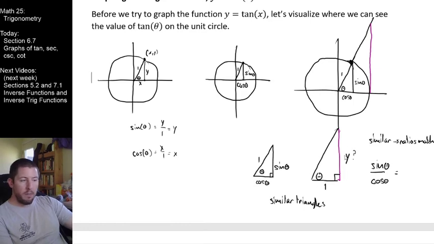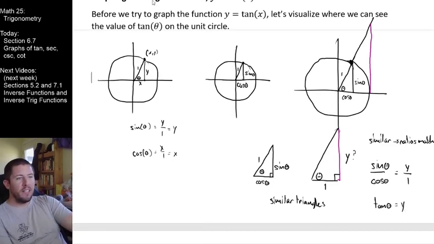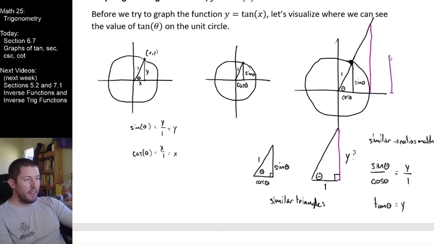Which legs does that correspond with over here? Well, this one that I'm calling y, because it's a vertical distance, over 1. Well, look what this simplifies down to. So what this is saying is that this length right here literally is the length of tangent.